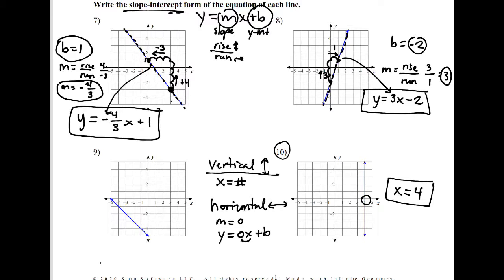Well, notice 0 times anything is just 0, so this whole term would go away. So really, you're just left with y is equal to a number, whatever the b is, whatever your y-intercept is. So for a horizontal line, the equation is just y equal to the number. For a vertical line, the equation is x equal to the number.